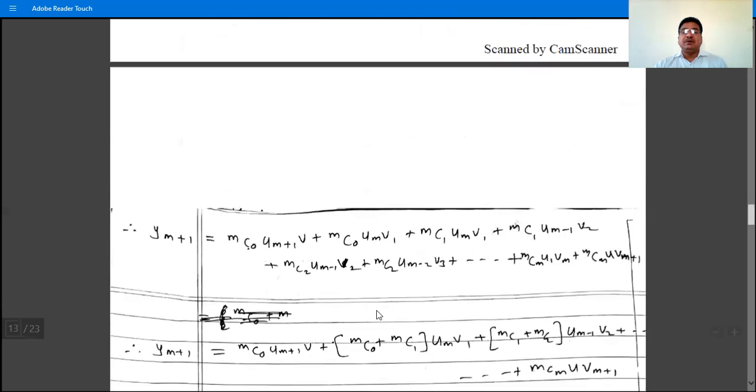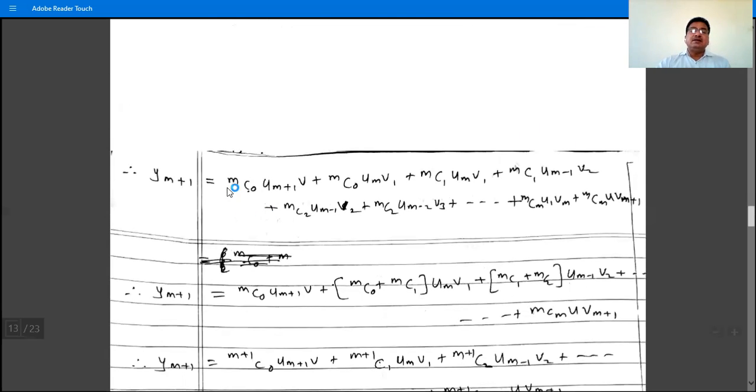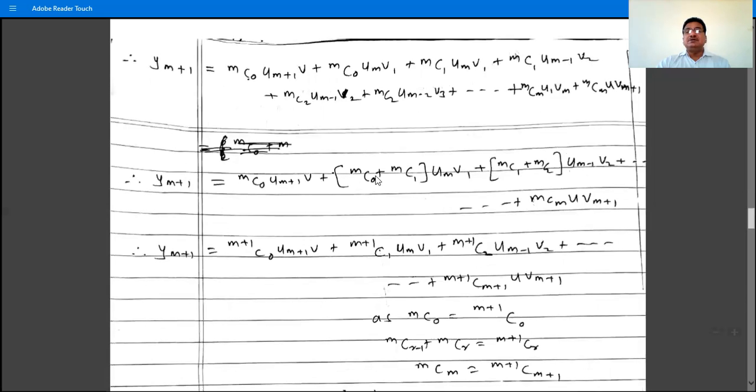We have this step. Then write the first term as it is, mC0 u_(m+1) v, and from these two terms take u_m v1 as common. So what do we have in the bracket? mC0 plus mC1, times u_m v1. Now from the next two terms take u_(m-1) v2 as common, and we have in the bracket mC1 plus mC2.